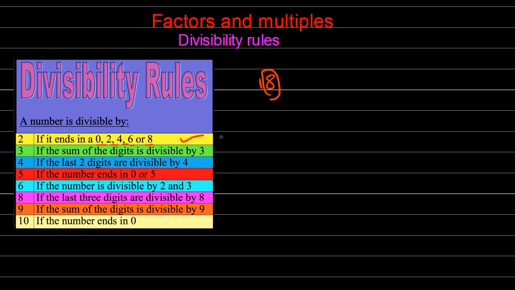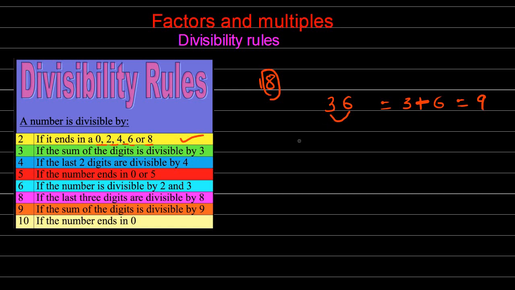Let's see the divisibility rule of 3. If the sum of the digits is divisible by 3, then the number is divisible by 3. Let's see 36. You need to add the digits of this number. 3 plus 6 is 9, and yes, 9 is divisible by 3, so 36 is also divisible by 3.